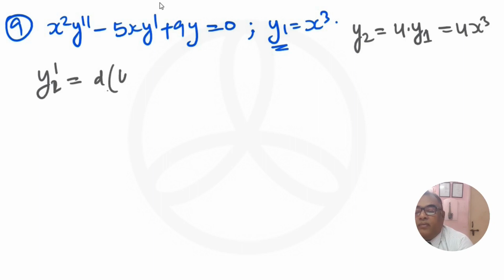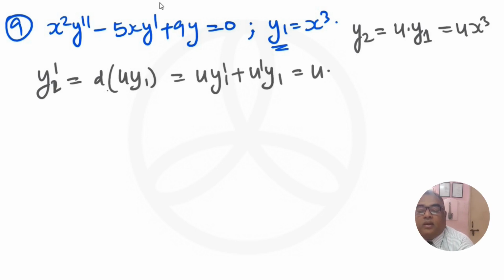This will give u y1 prime plus u prime y1 is equal to u times 3x square plus u prime times y1, which is actually x cube. So we have this one as 3ux square plus u prime x cube.